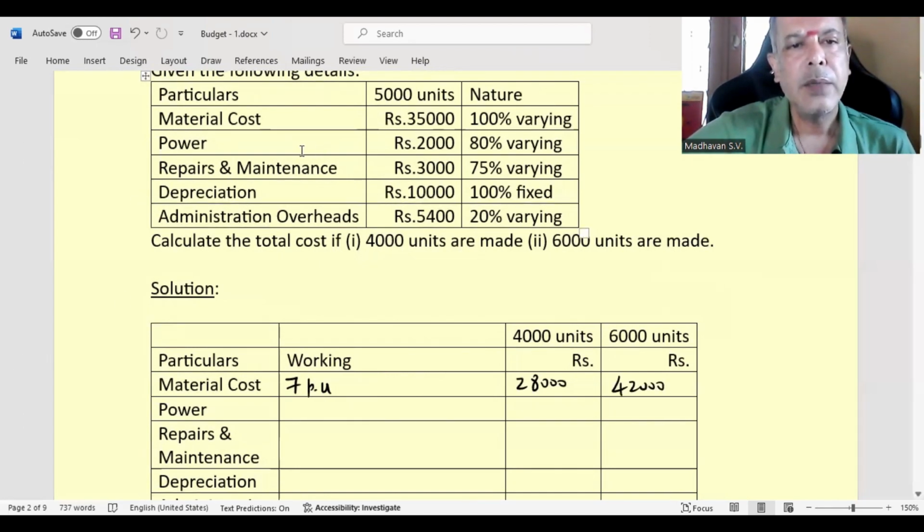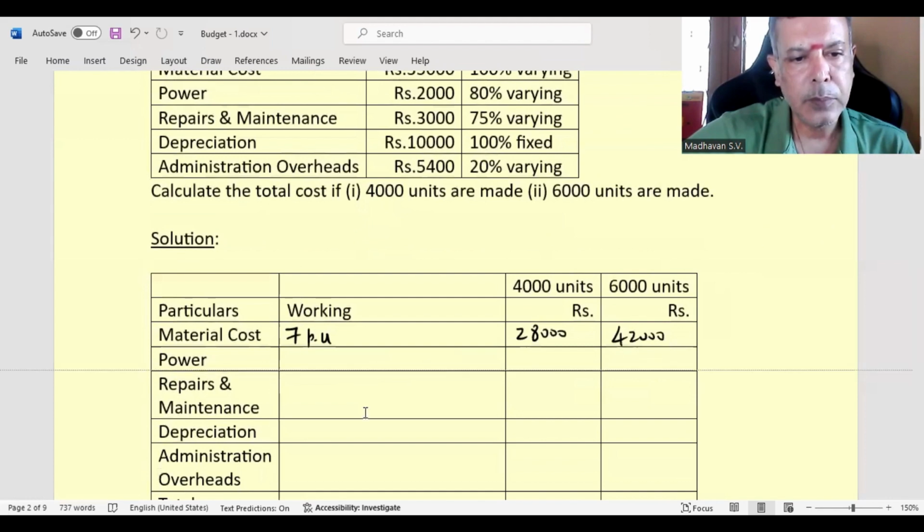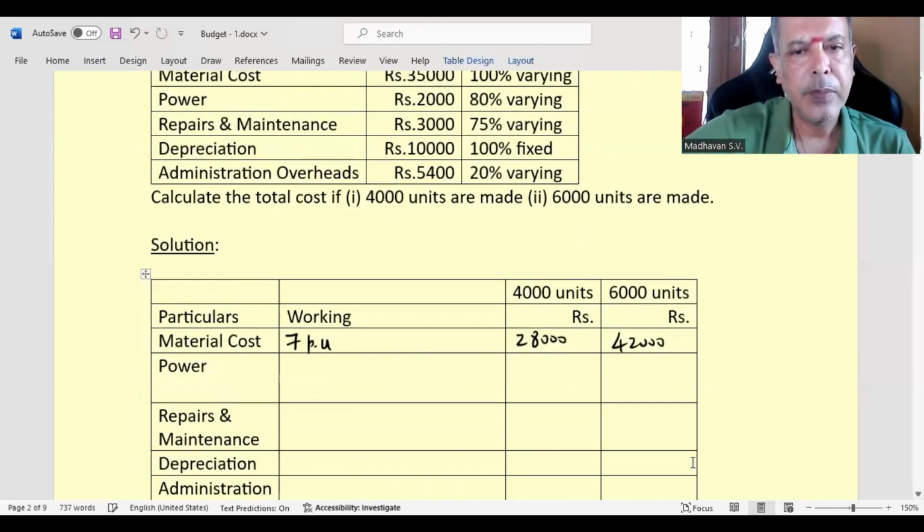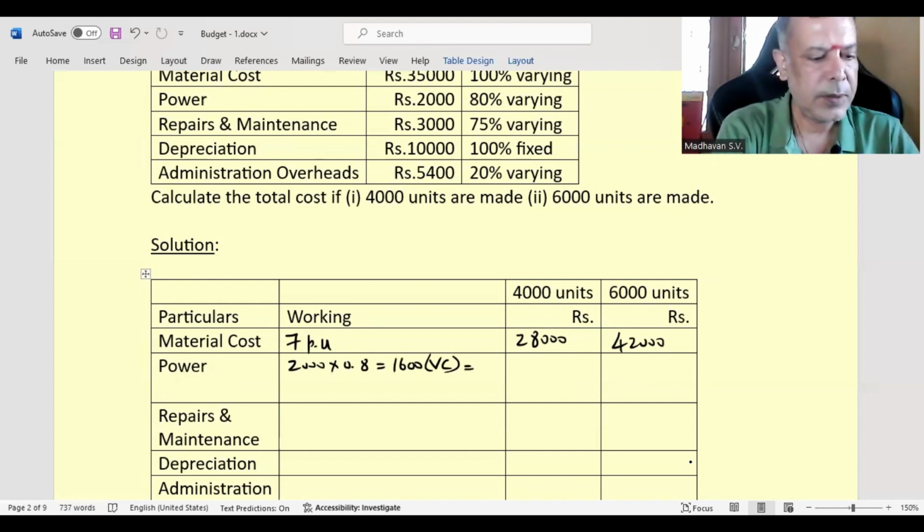Here they say power is 80% varying, which means 2,000 into 0.8, that is your varying, 1,600. That means this is variable cost. That means per unit will be 1,600 divided by 5,000.